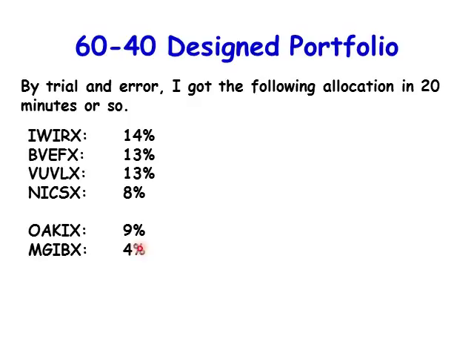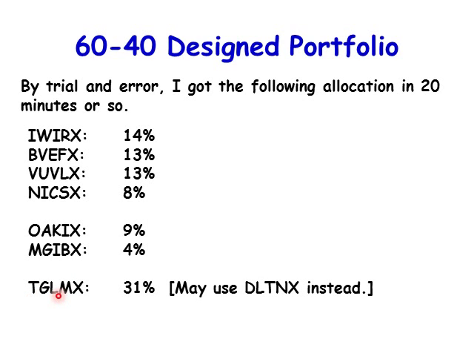I got this smaller than the Oakmark because we were using B shares. They are more expensive shares than the A shares on a load-waived basis. And TCW fund 31%, and you may use the DoubleLine Total Return Fund instead. I used that fund instead of the TCW Total Return Fund.